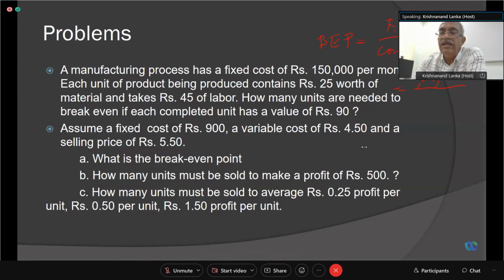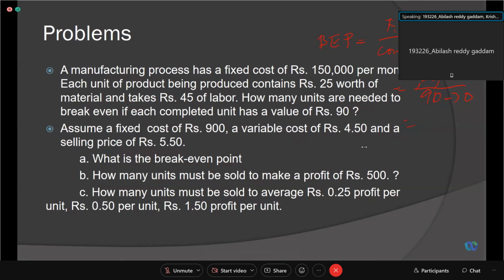So 90 minus 70 is 20. So it comes to how much? 7,500. Yes, so 7,500.